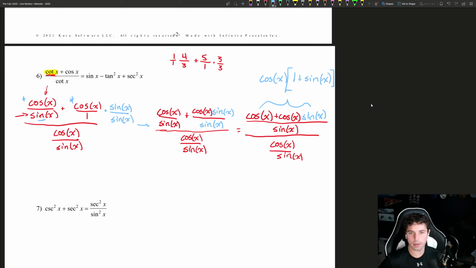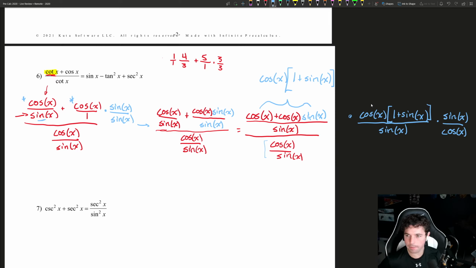Then we'd multiply that by the reciprocal of this, because when we're dividing by a fraction, we're really multiplying by the reciprocal of the denominator. I'm going to do that over here. So we have cosine of x times 1 plus sine of x over sine x, and we're multiplying that by the reciprocal of that denominator, which is sine of x over cosine x.